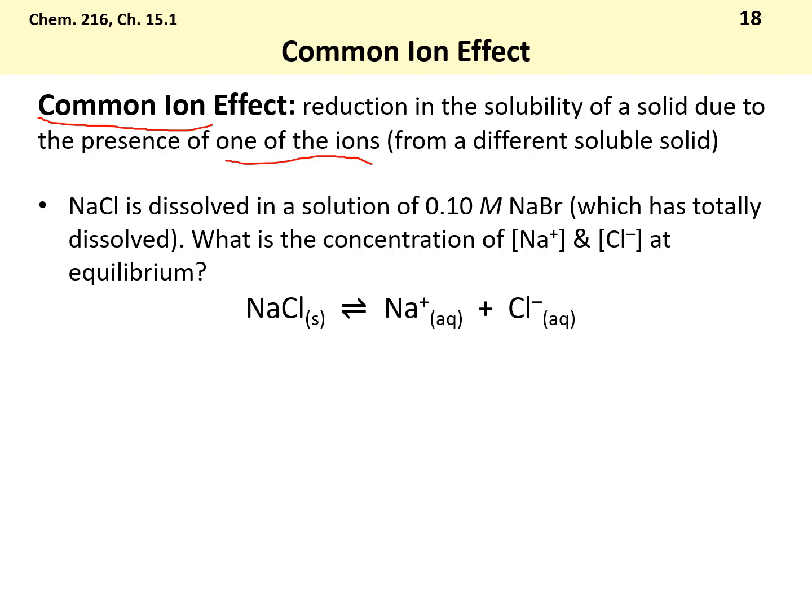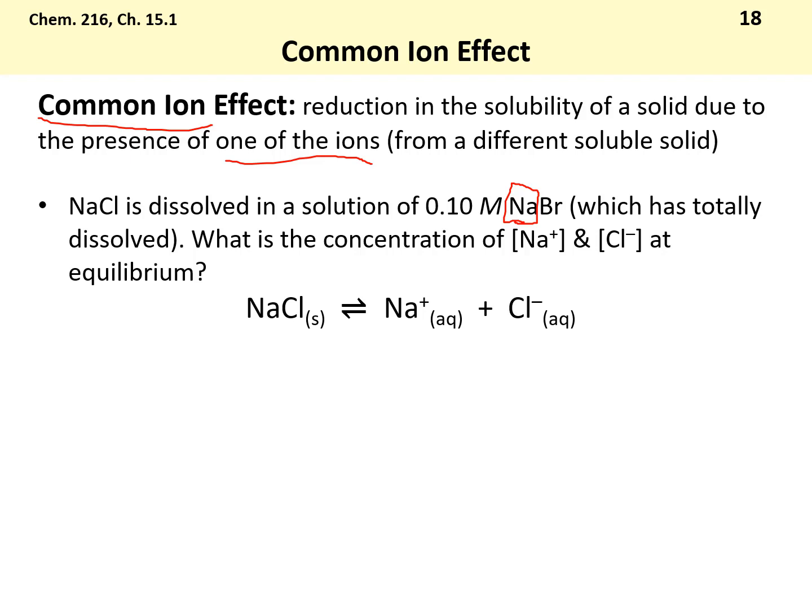Let's show an example, right? So if NaCl is dissolved in a solution of 0.1 molar NaBr, which is totally dissolved, what is the concentration of Na+ and Cl- at equilibrium? Well, here's my reaction: NaCl goes to form Na+ plus Cl-. But notice we've added in some Na.